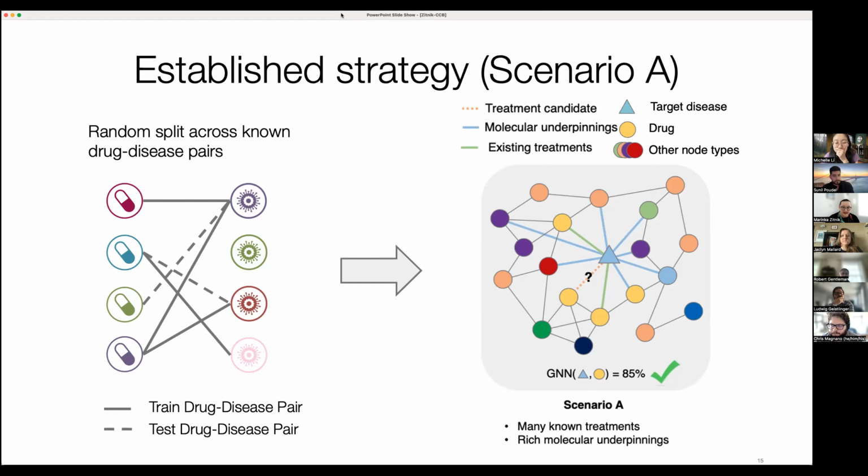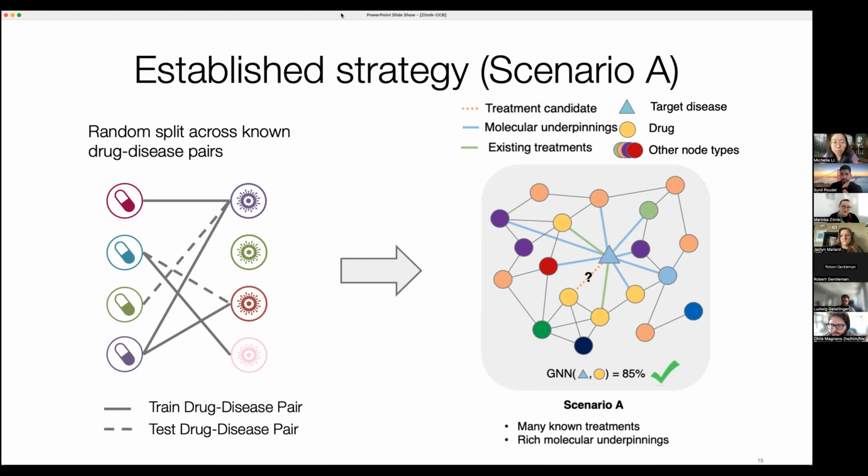We will refer to that as scenario A. The critical characteristic of this strategy is that by splitting the data, drugs and diseases, in a purely randomized manner, it quite often happens that the diseases the model encounters at test time are similar to diseases the model has encountered in training time.